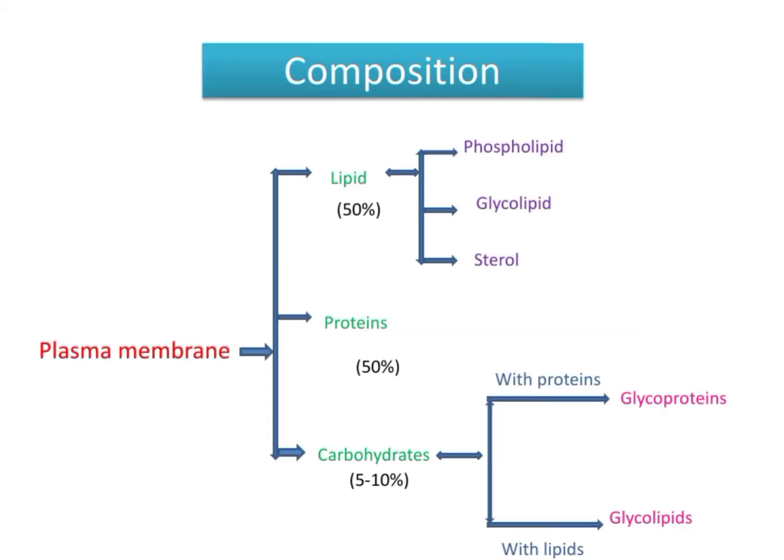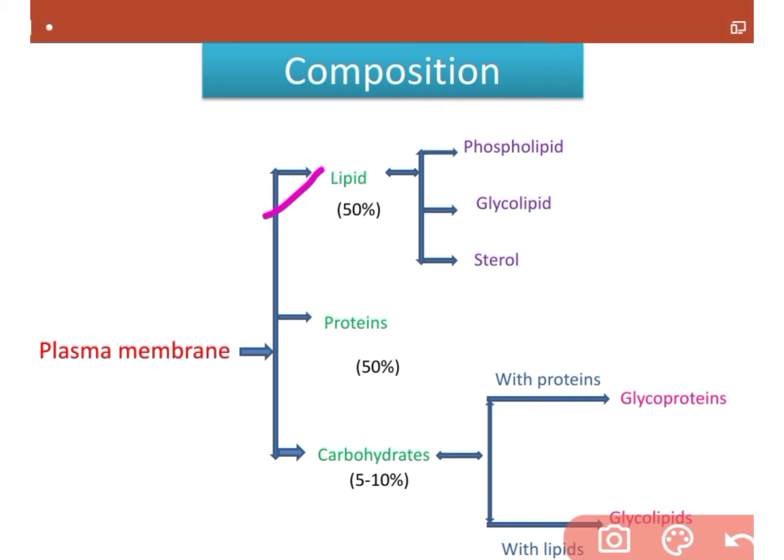Next, coming to the next slide, composition of plasma membrane. Plasma membrane consists of mainly three components. First is lipid, second proteins, and third is carbohydrates. Lipid is a major part of the plasma membrane, 50%, and proteins also a major part, 50%, and carbohydrate is very few, that is 5 to 10%.